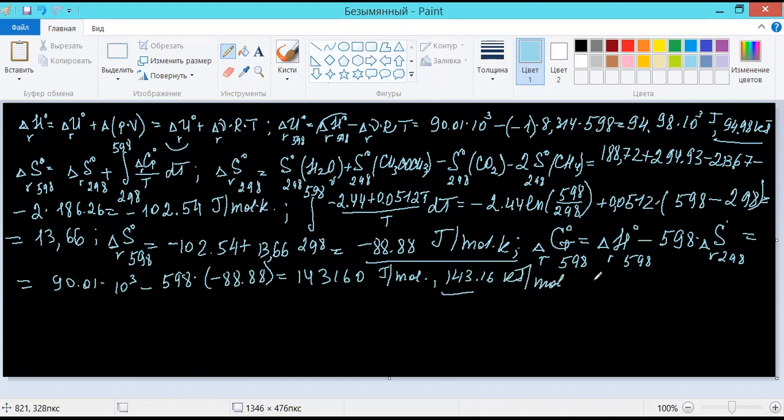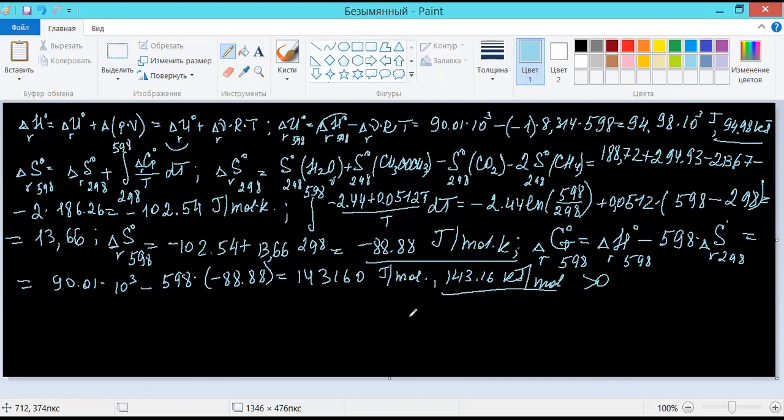As you see, it's positive. That means that at these conditions, the chemical reaction cannot go by itself forward. It goes backward, but not forward.